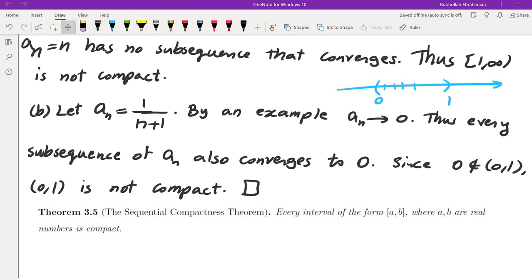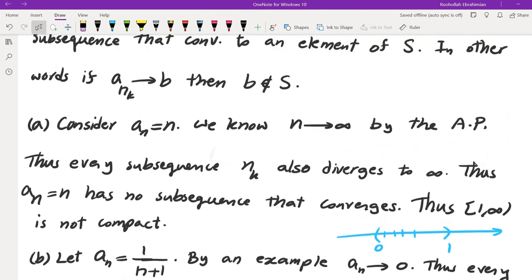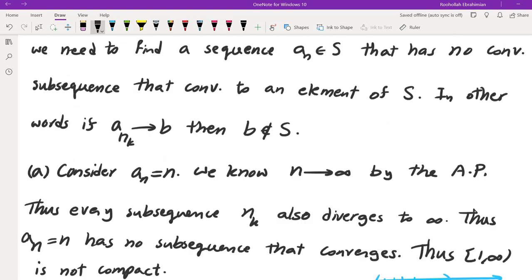These are the two obstacles that we face. The first one is our interval is unbounded, and the second obstacle is the interval is open on one side, at least on one side.